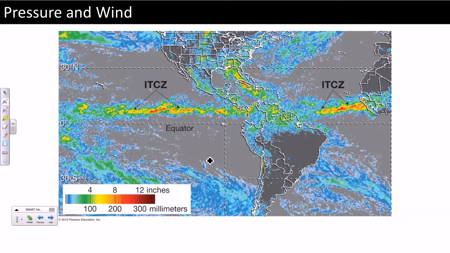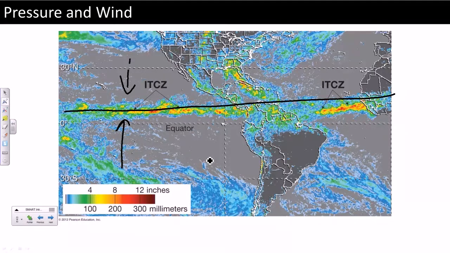So if we take a look at a regional radar map, we can actually see the ITCZ when we're looking at the amount of moisture or amount of rain in a region, and we see that this band of rain here is what we get from atmospheric winds moving like this, and like this, coming together like this, and like this.